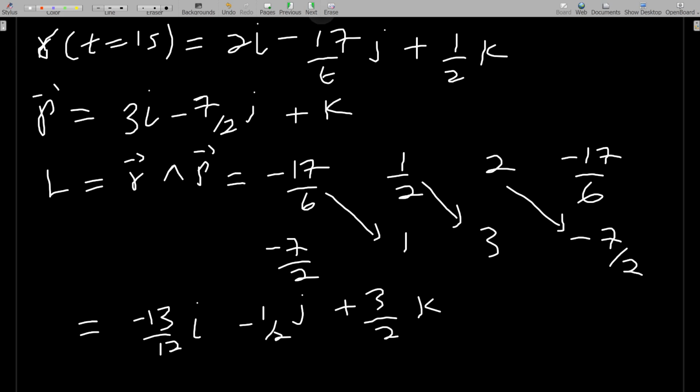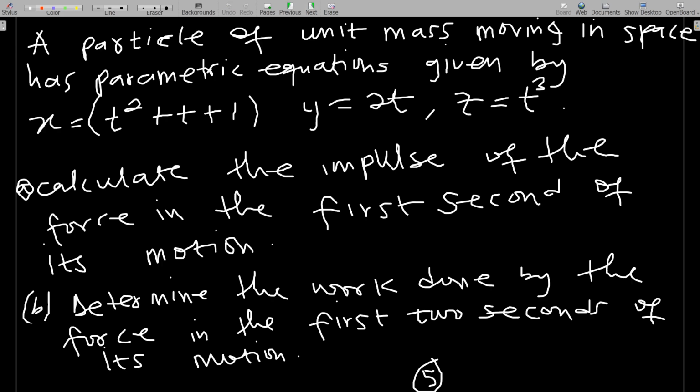Now let's go to the next question. The next question is: a particle of unit mass moving in space has parametric equations given by this. The unit mass, you should analyze that, means the mass is 1 kilogram. It has these parametric equations: x is like that, y is this, and z is equal to t cubed.